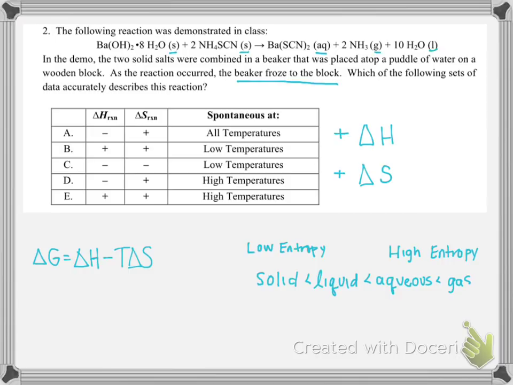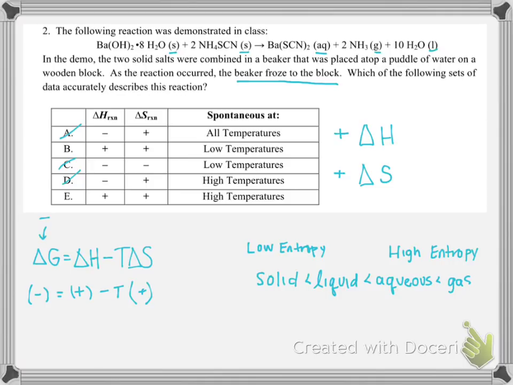Okay, so we've sort of eliminated 3 of the options by figuring out those signs, but now we need to figure out when it's spontaneous. And so we know that for spontaneous, we need delta G to be negative. So we'll have something that we want to be negative equal to something that's positive minus temperature times something that's also positive.